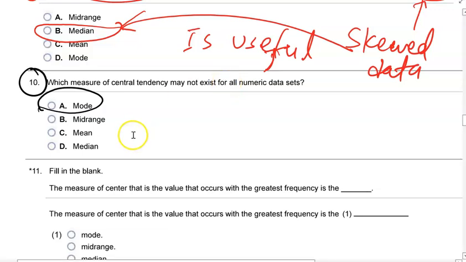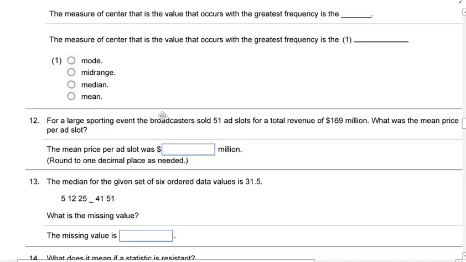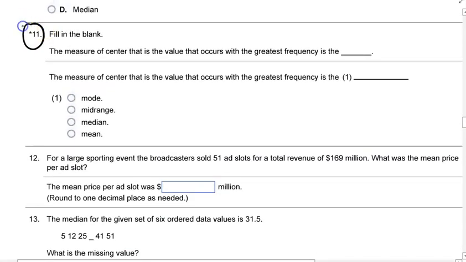Number 11. The measure of center that is the value that occurs with the greatest frequency. The greatest frequency is the mode. If something happens with the greatest frequency, that's the mode.